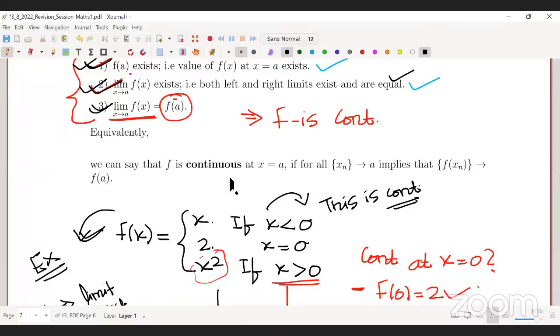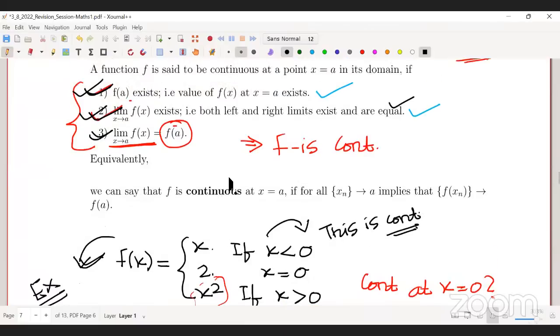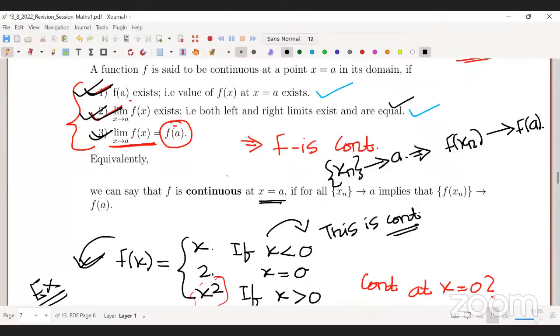You can say that the function is continuous at x equal to a if for all sequences xn which are converging to a, it implies that f of xn converges to f of a, then you can say that this function is continuous at x equal to a.